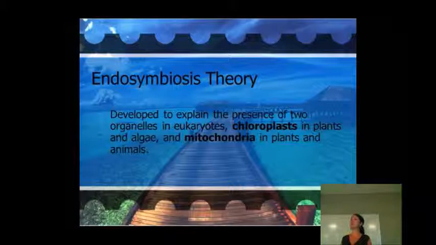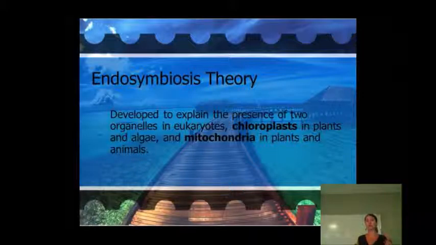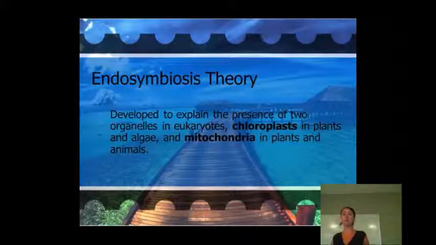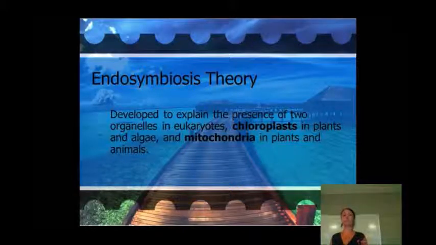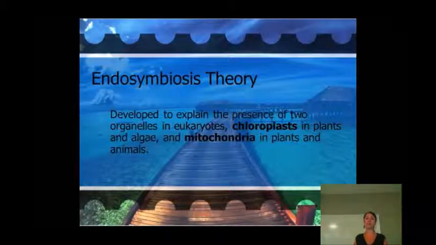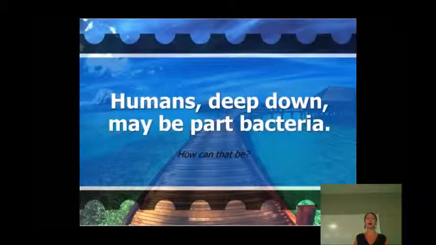Basically it says that those things developed first, chloroplasts making the energy for plants and algae, and mitochondria making the energy for plants and animals, and that those things were engulfed in that plasma membrane, and eventually cells formed around those things. So they're trying to explain it, not exactly there yet.